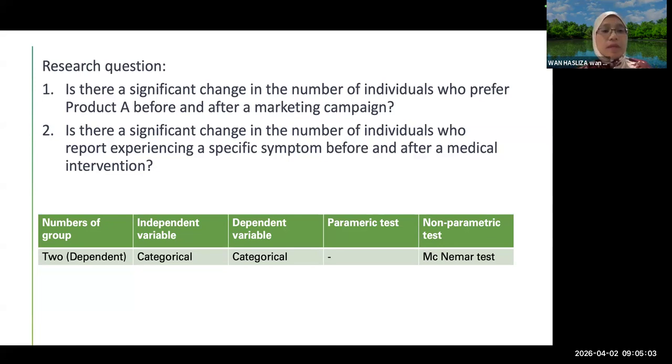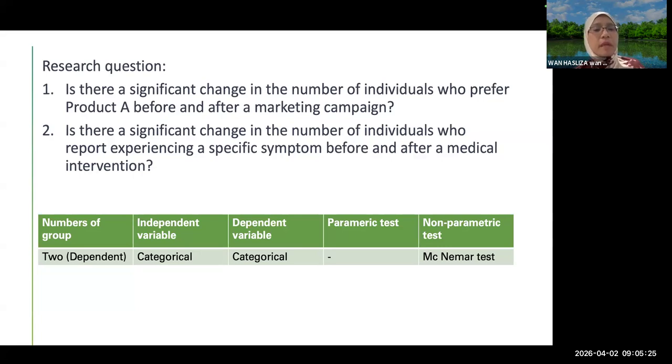Another question. Is there a significant change in the number of individuals who report experiencing a specific symptom before and after a medical intervention? Pre and post, you see, before and after. The words before and after give you the idea that I cannot use the chi-square. Why?